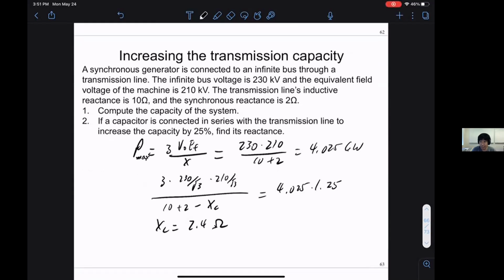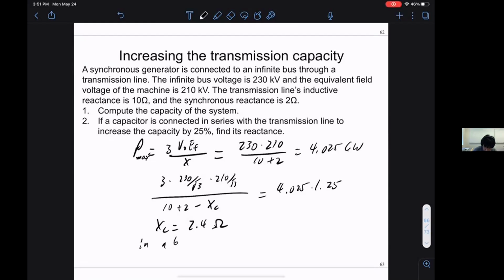Okay, so a capacitor has a reactance of 2.4 ohms. So is this a large or small capacitor? Is this easy to have? Is it easy to buy a capacitor of 2.4 ohms? Any ideas of how large this capacitor is? Anybody work with capacitors regularly?